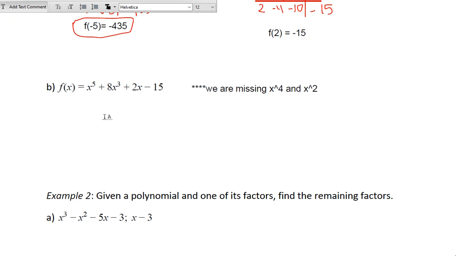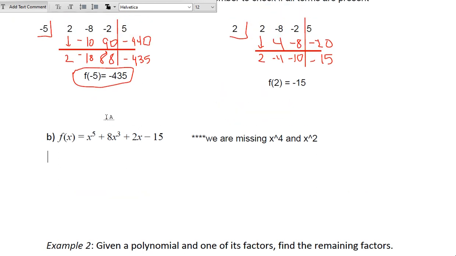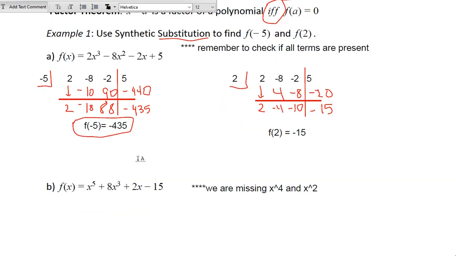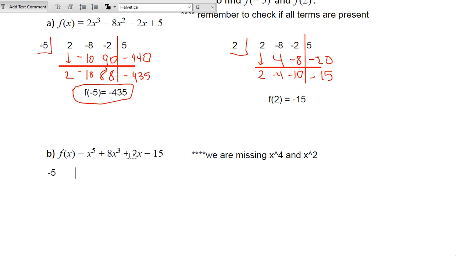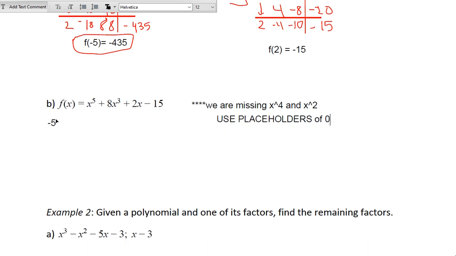So when I do my synthetic substitution, I'm going to evaluate part B here at negative 5 and 2. So negative 5, and I brought my coefficients, I have to remember, since we're missing these, use placeholders of 0 for those.